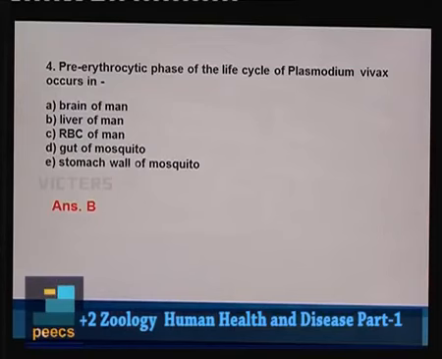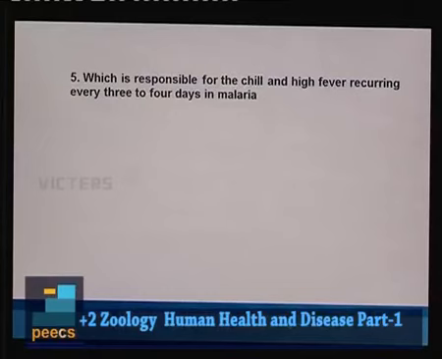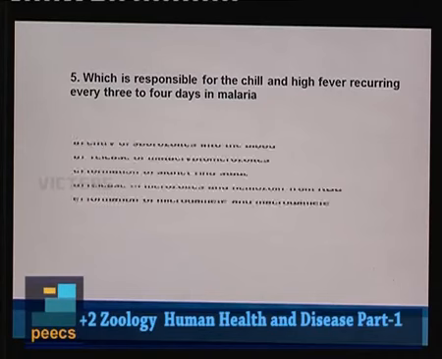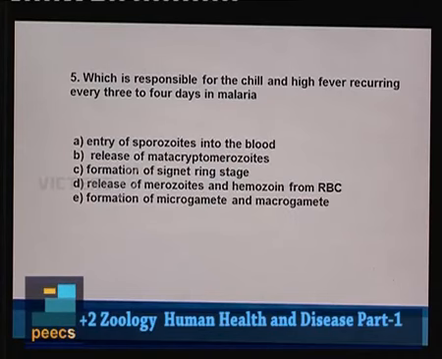Coming to question number 5: which is responsible for the characteristic chill and high fever recurring every 3 to 4 days in malaria? Options are entry of sporozoites into the blood, release of metacryptomerozoites, formation of the signet ring stage, release of merozoites and hemozoin from RBC, formation of microgamete and macrogamete.